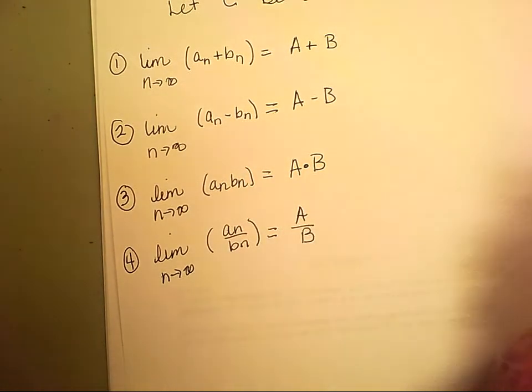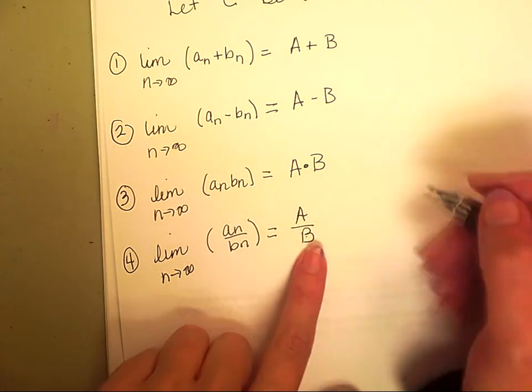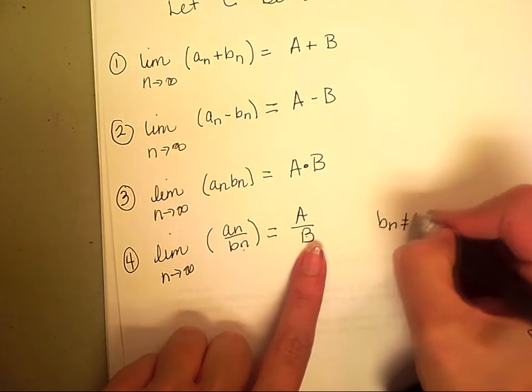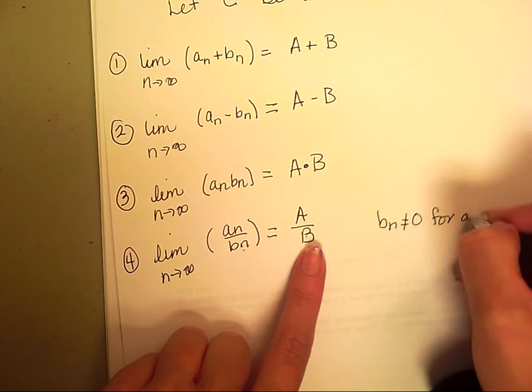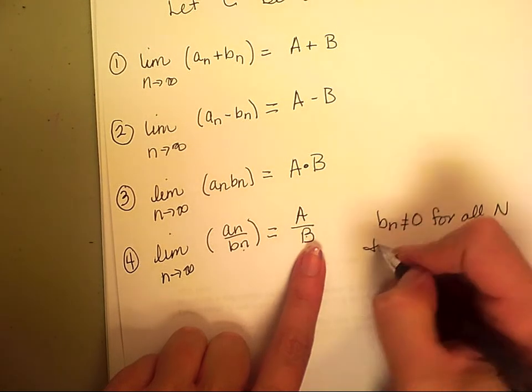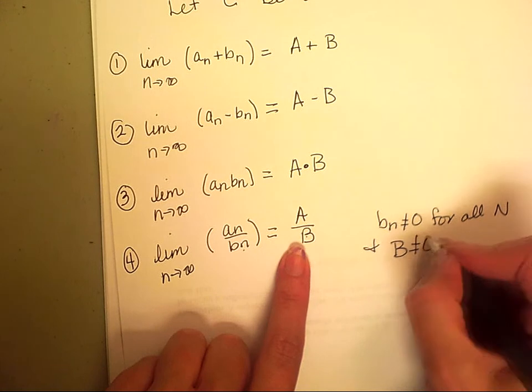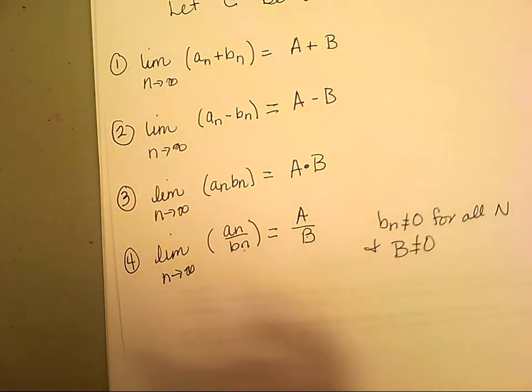That'll just be a divided by b. But now we have to add: b sub n cannot equal 0 for all n, and we also have to worry that the limit b cannot equal 0. So division by 0 is no problem.